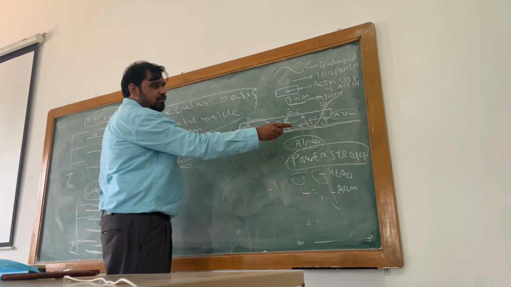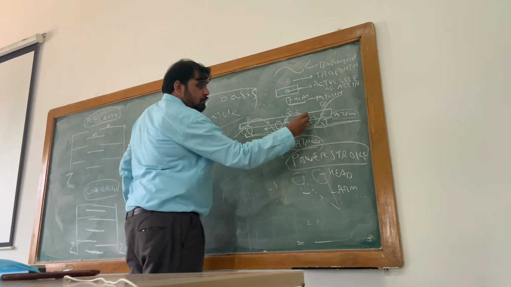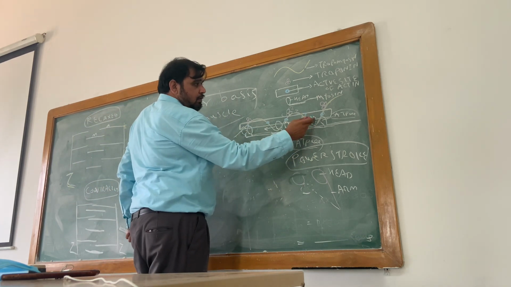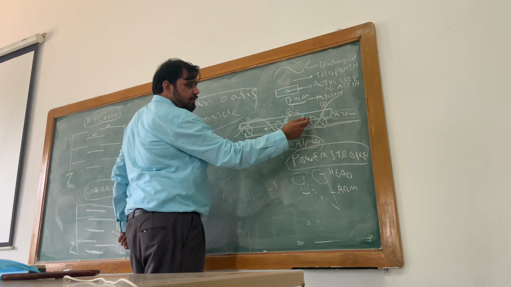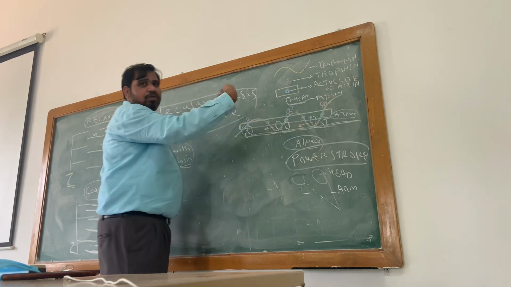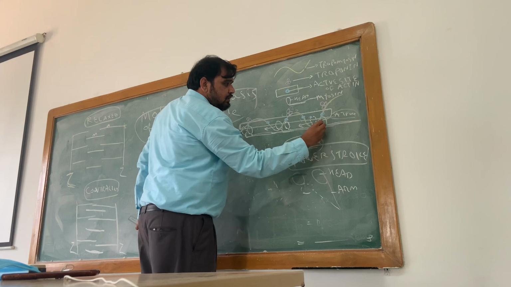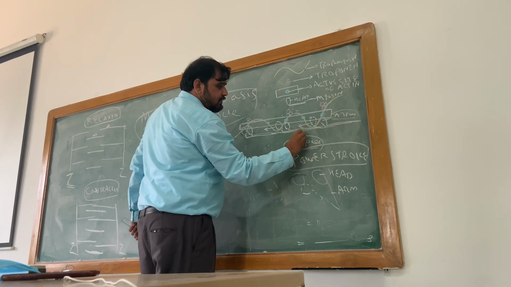So what happens to this active site? That will come here, in fact. You can see here this site has come here. Now what happens? After the active site comes here, this myosin head will go back to its original position. Now here ATP will come inside.